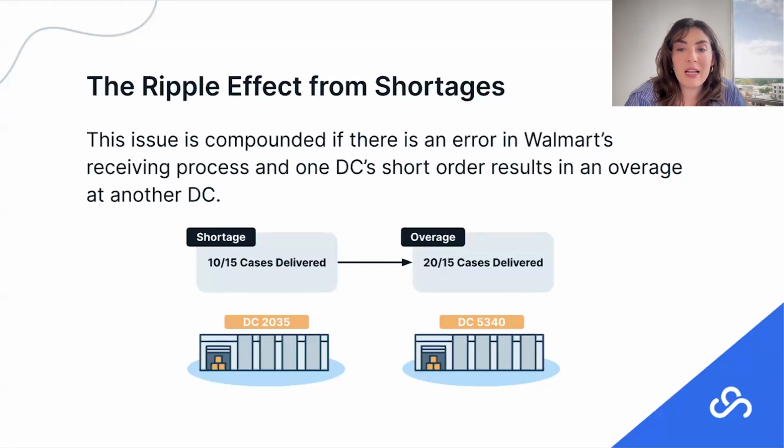All right, here's just another illustration on the ripple effect that can have from shortages. You'll hear me mention this today, but this is really a best practice when it comes to dealing with Walmart AP deductions or Walmart revenue loss in general: making sure you know which codes seem to play with others.